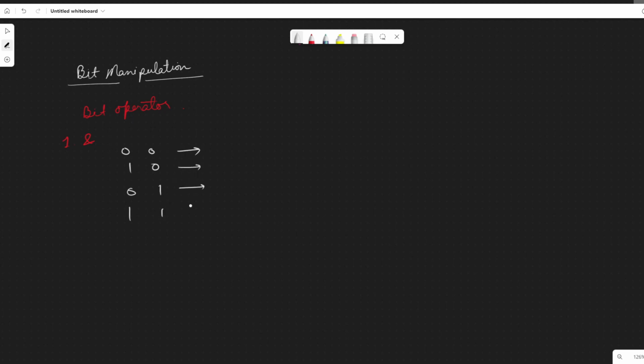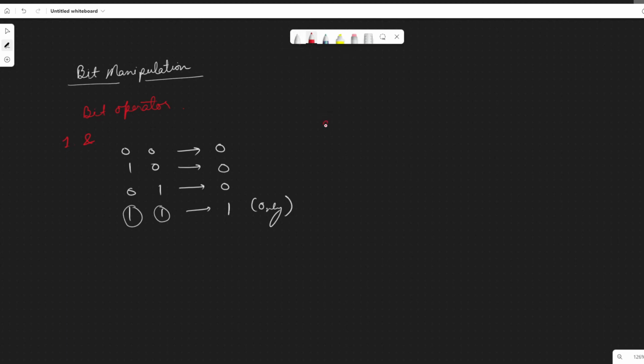If both the bits are zeros, meaning unset, it gives zero. If the two bits are different, it always gives zero. If both the bits are one, then it will give one only.